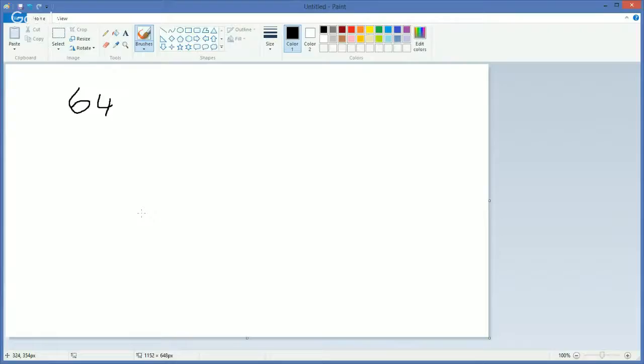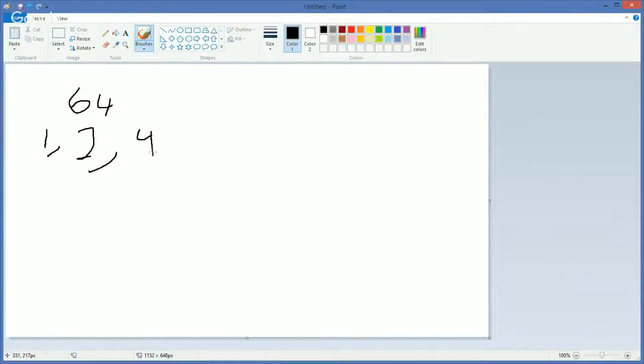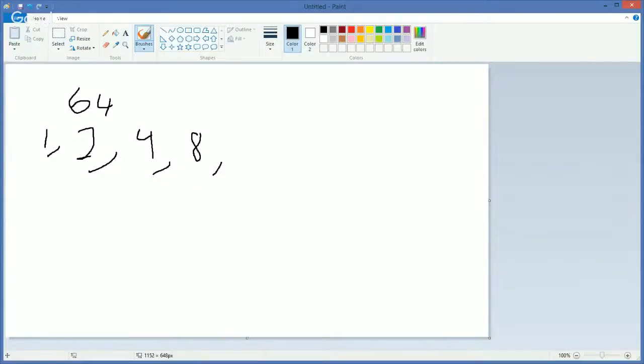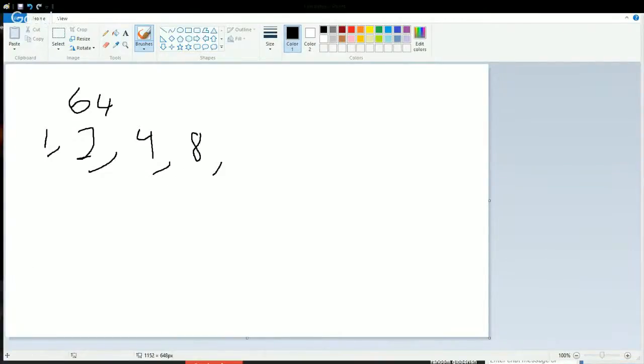Okay. The default factors that we would assume for this are 1, 2, 4, 8. Now I'm just trying to remember. I think 4 times 16 was 64. Let's double check.